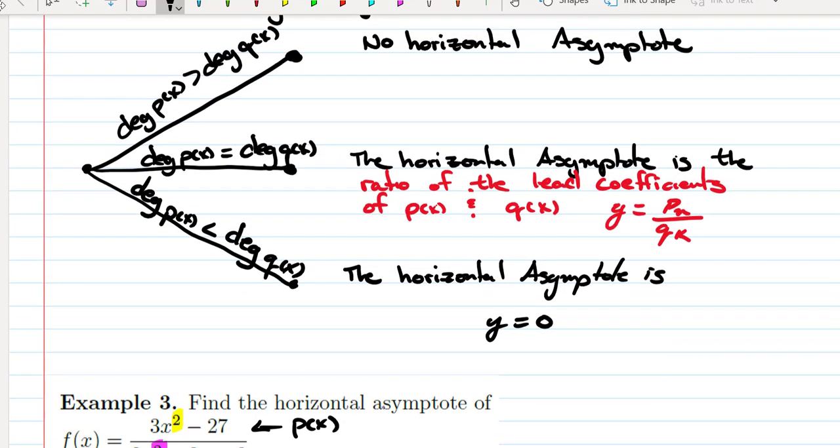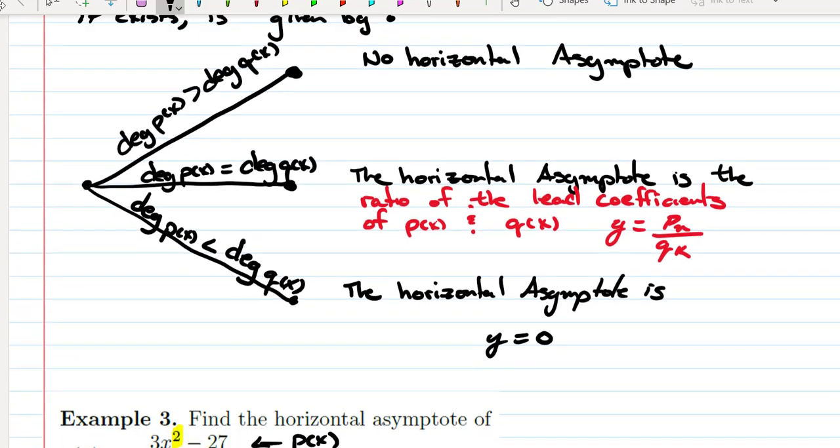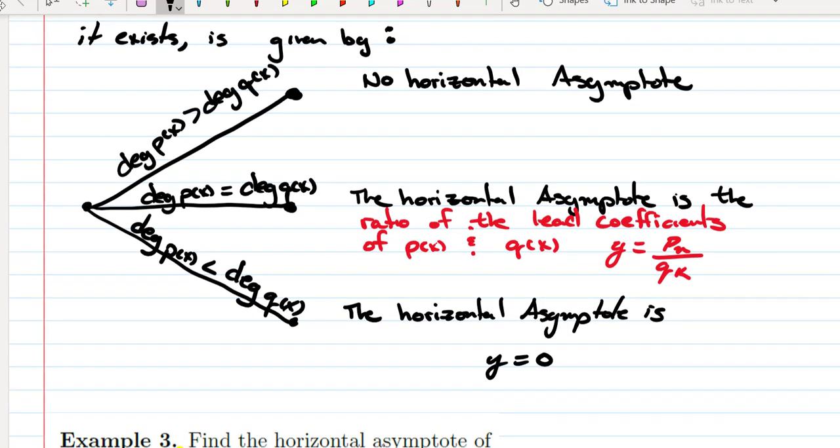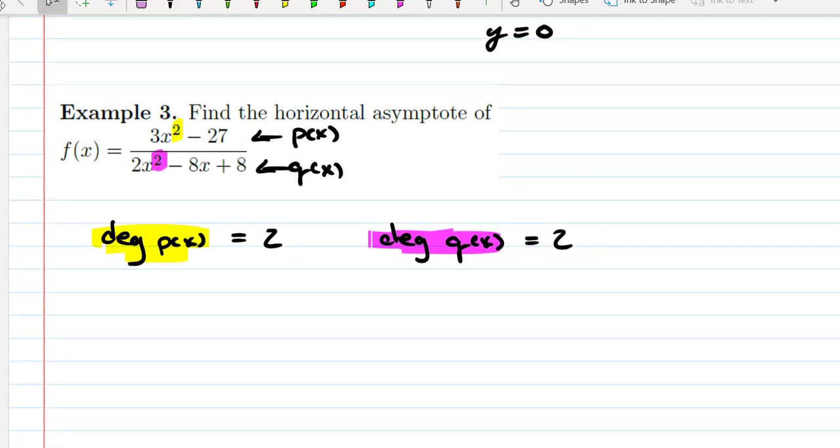So now we look at our chart up here. Is the degree of P of x bigger than Q? Is the degree of P of x the same as the degree of Q, or is the degree of P of x less than the degree of Q? In our case, it's going to be our middle. The horizontal asymptote is the ratio of the lead coefficients of P of x and Q of x, the case where the degrees are equal.